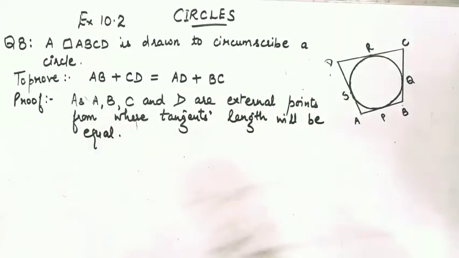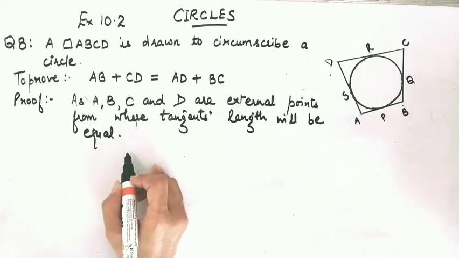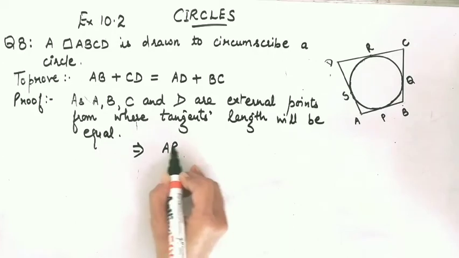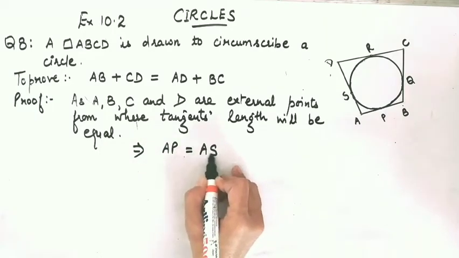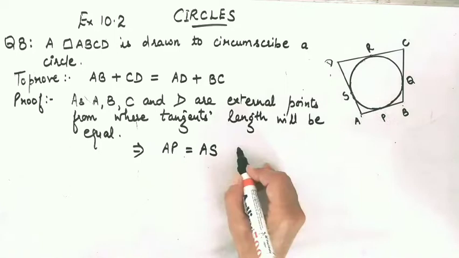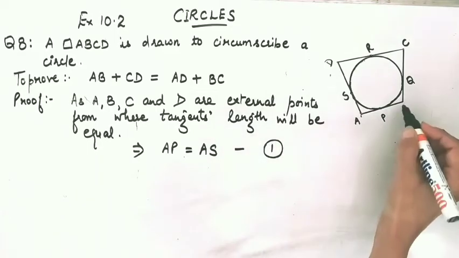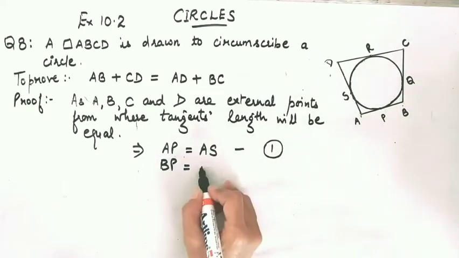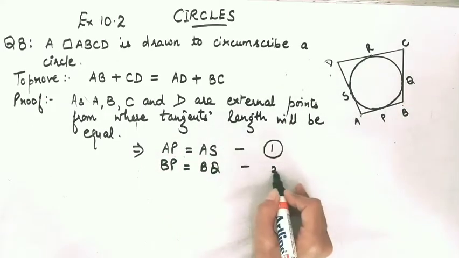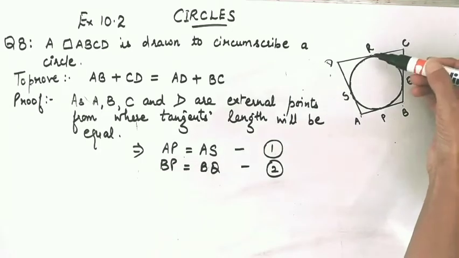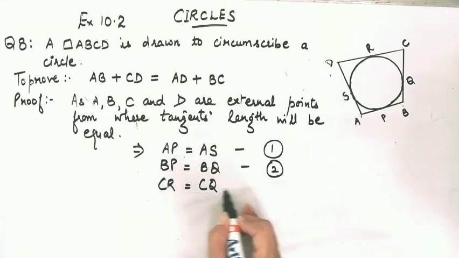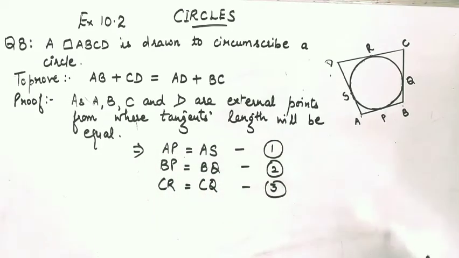This is clearly your theorem 10.2. That implies AP is equal to AS. Mark it as equation 1. BP is equal to BQ, equation 2. CR is equal to CQ, equation 3. DR is equal to DS, equation 4.